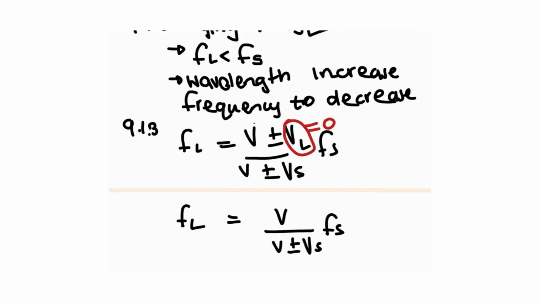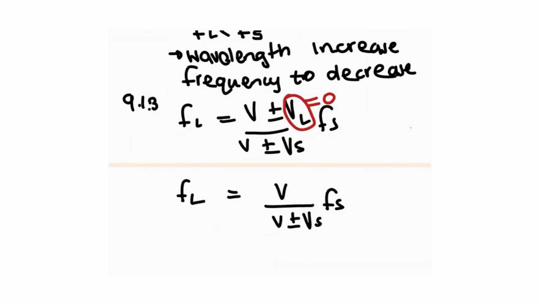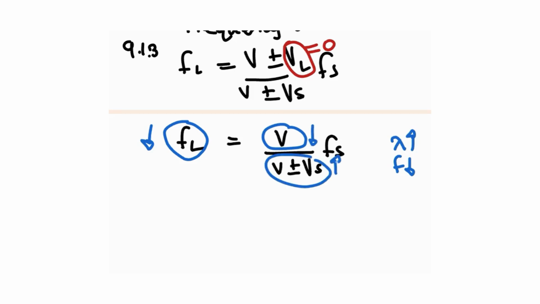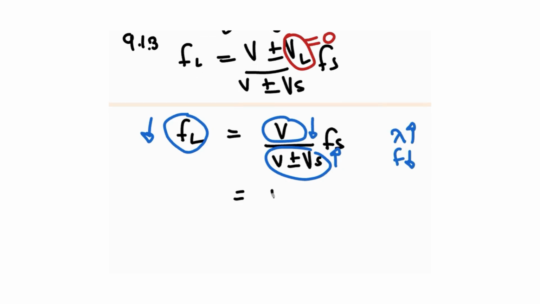So what is the story now? We are saying the mosquito is moving away. We had said on the second question that the mosquito is moving away, meaning wavelength is increasing and our frequency is decreasing, meaning this part over there is decreasing. It is directly proportional to the numerator. The numerator must be small and the denominator must be big. If we want the denominator to be big, we need to do what? We need to add.